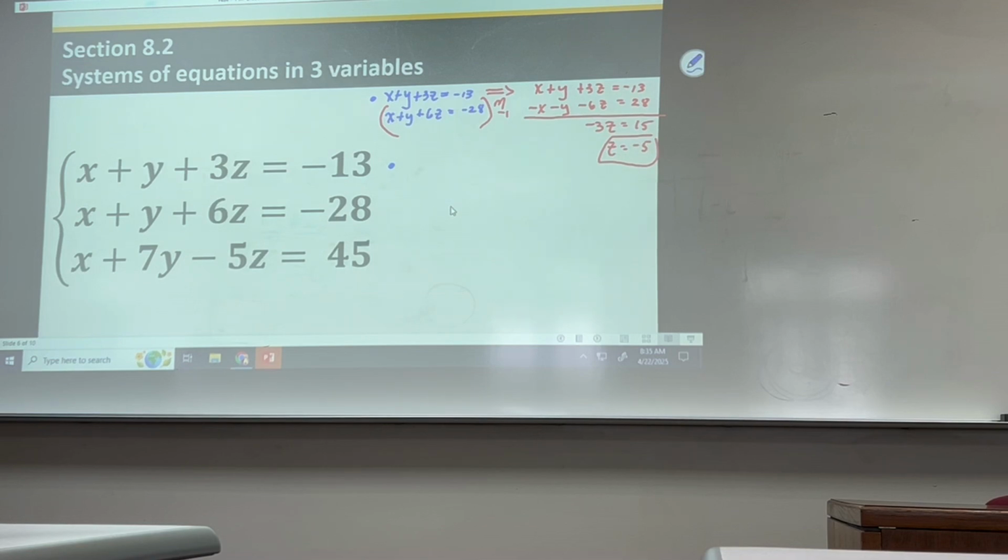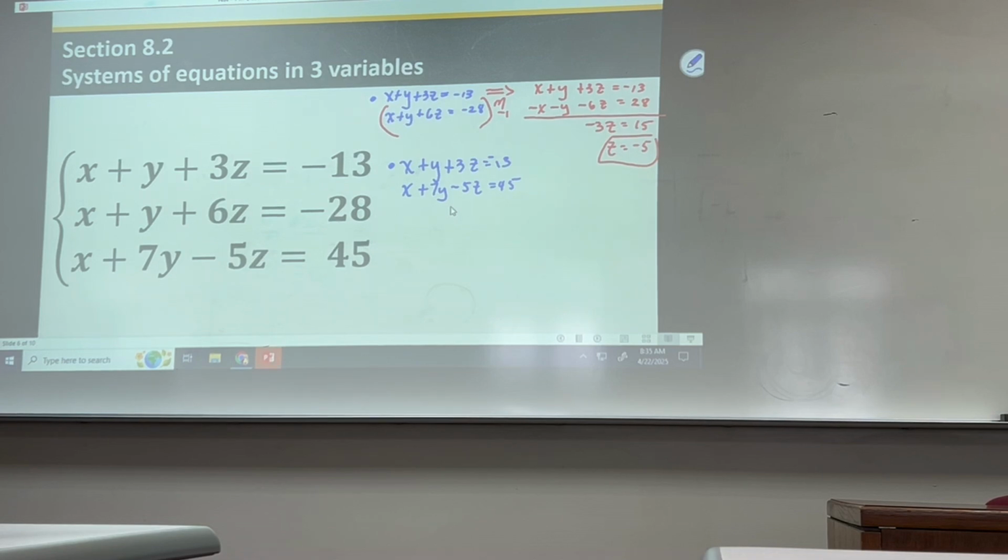Okay, so if I use 1 and 3, so 1 was x plus y plus 3z equals negative 13, and 3 is x plus 7y minus 5z equals 45. And we want to try to get rid of x's, right?